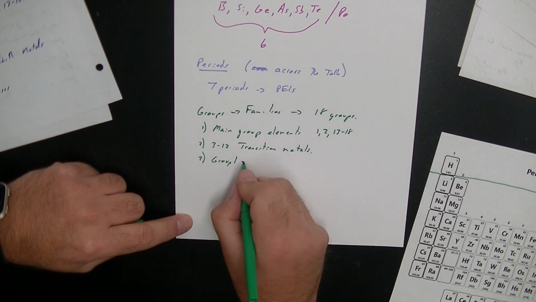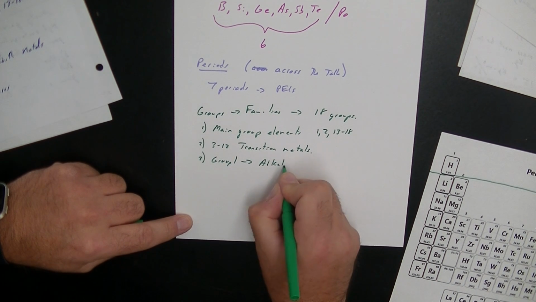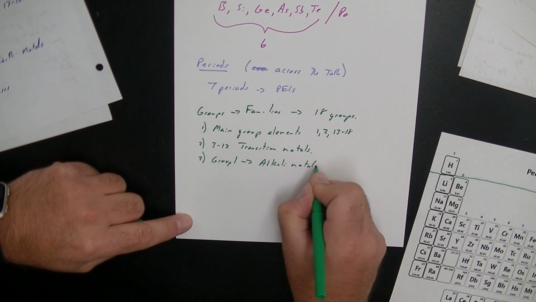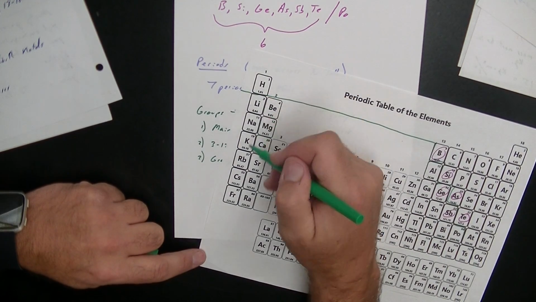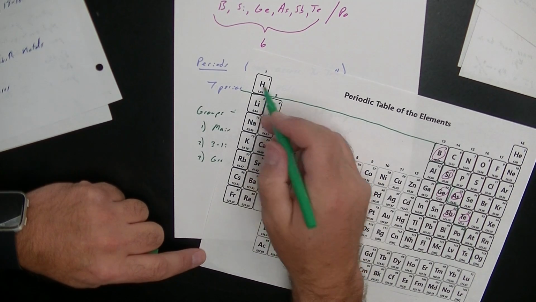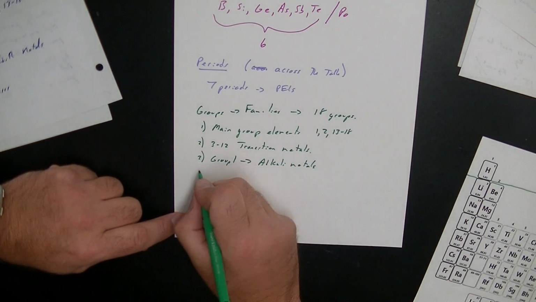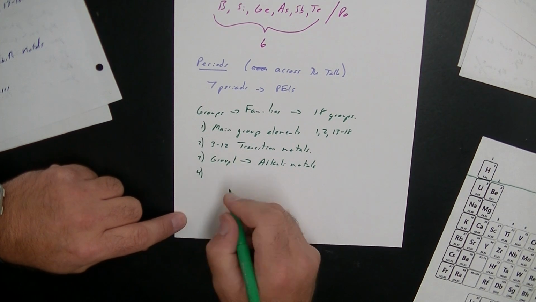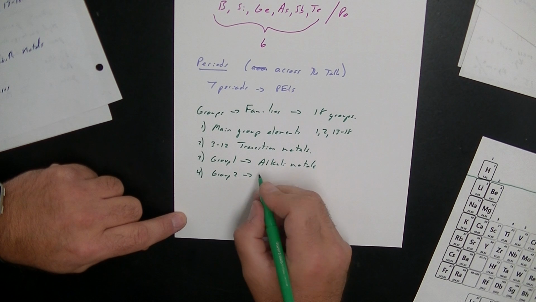Group 1 are called the alkali metals. Realize that hydrogen is in group 1. It is not an alkali metal. It's actually a nonmetal. Group 2 are the alkaline earth metals.